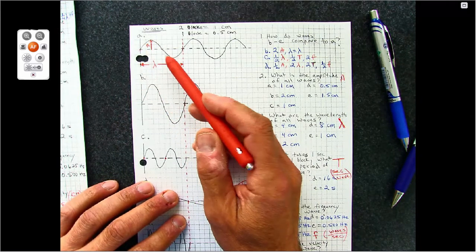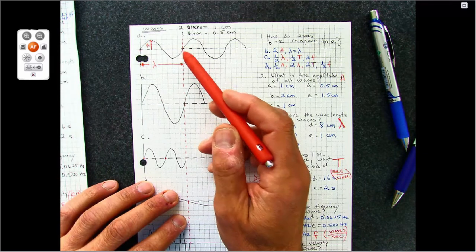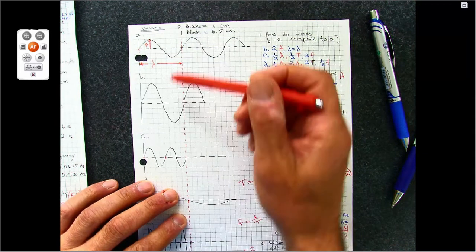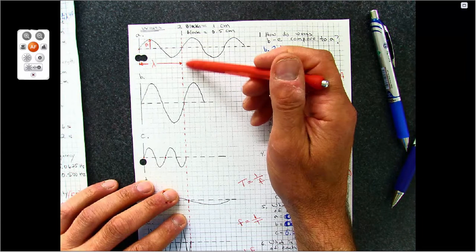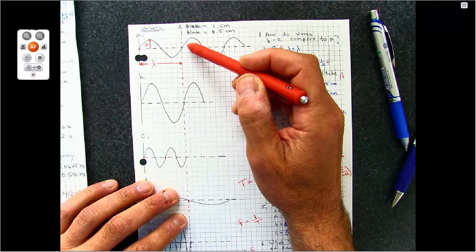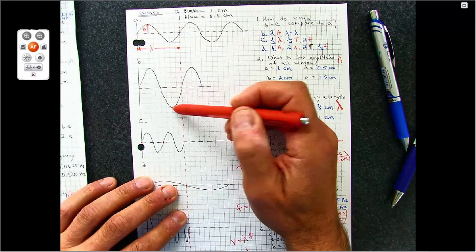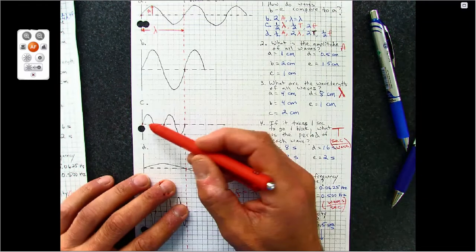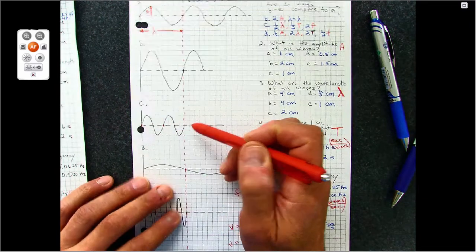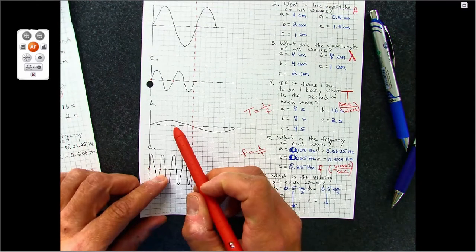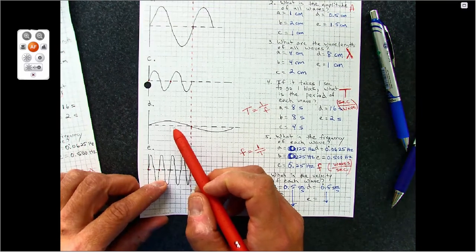This is one wave. Let's say this line right here just takes 1 second to my line here. This would be 1 wave per second, 1 wave per second, 2 waves per second, a half a wave, right?